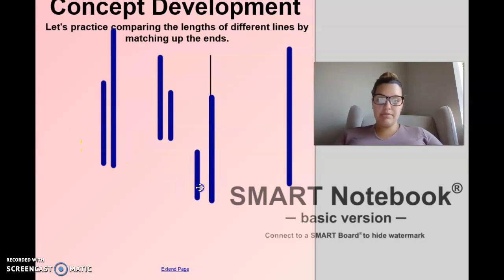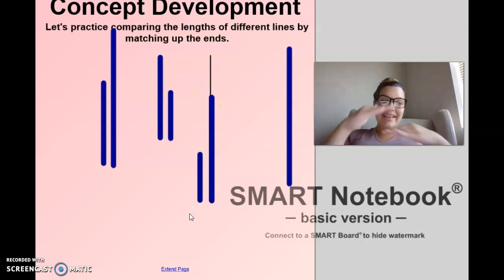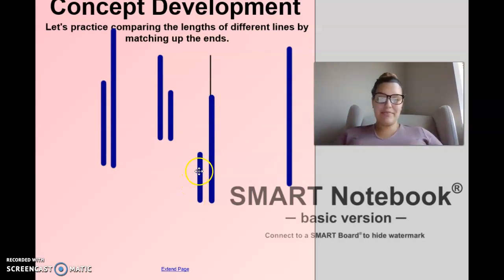Is the string I just brought over shorter or taller than the string we're comparing it to? It is shorter. It is much shorter. How about this one? Is this string shorter or taller than this string?